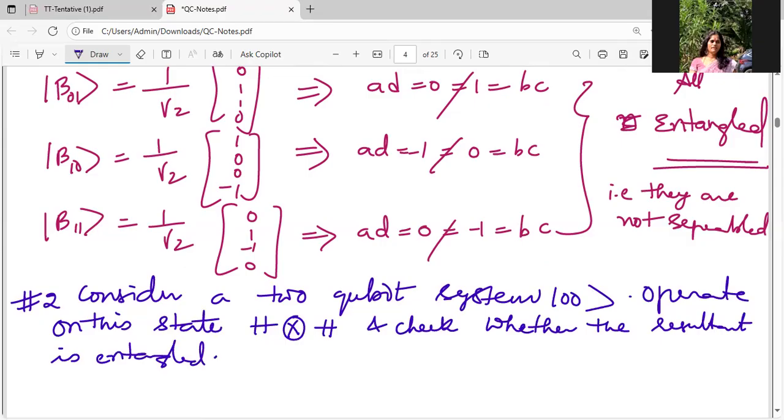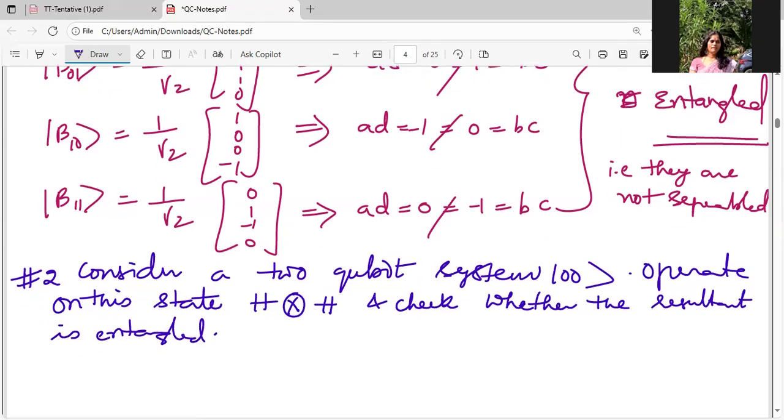So what do I do? H cross H is equal to 1 by 2, 1, 1, 1 minus 1. Of course, you need to know what H gate is, guys. I made a mention of it in my other videos.